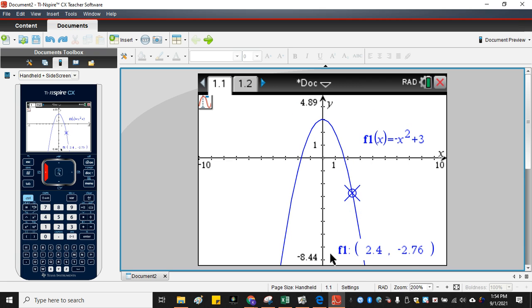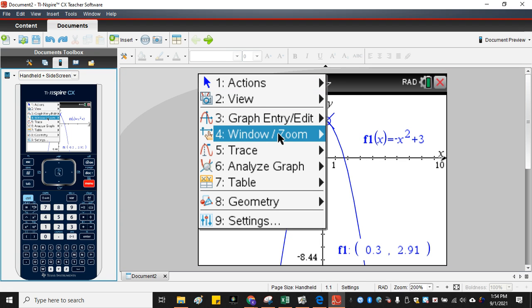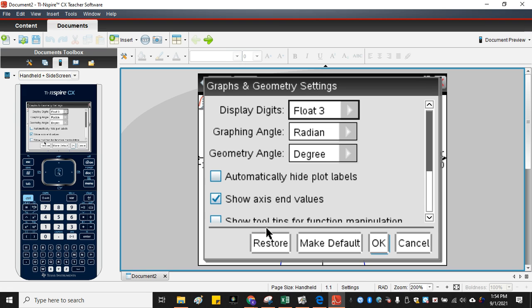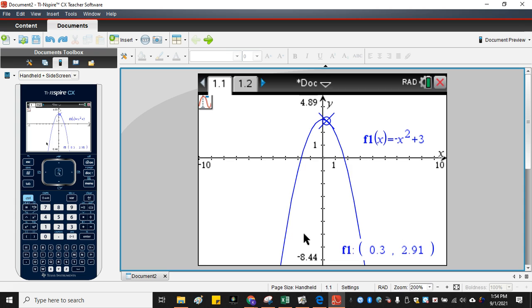The last thing I want to show you, just because this is the first time we're working with graphs, some people really like to see the grids. Hold on. Settings. No. Give me 1 second.